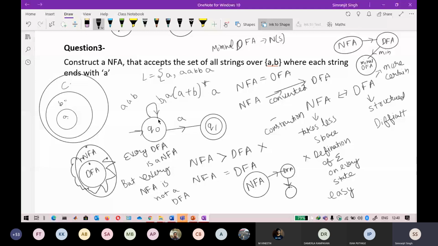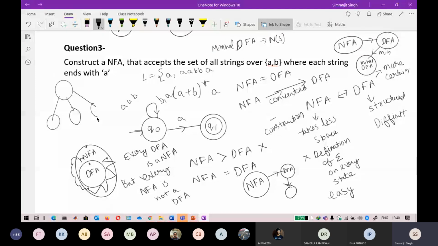Getting an input like 1010, you will go on different possible paths, but you will always take the path that benefits you. Suppose this is a goal and this is also a goal that you have reached, but in these two states you do not reach a goal state. I will take only the path where a goal state is possible.